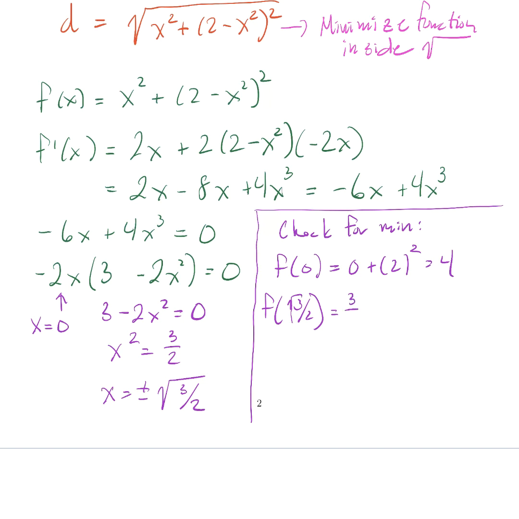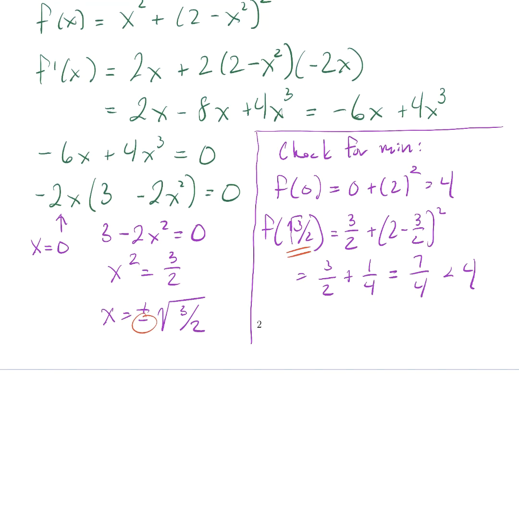We square that, we get 3 halves plus 2 minus 3 halves squared, which is 3 halves plus, let's see, that's 1 half squared. 3 halves plus 1 quarter, which is 7 quarters, which is definitely less than 4. So it turns out that our minimum occurs here. It's also going to occur here because they will give the same point, the same y coordinate.